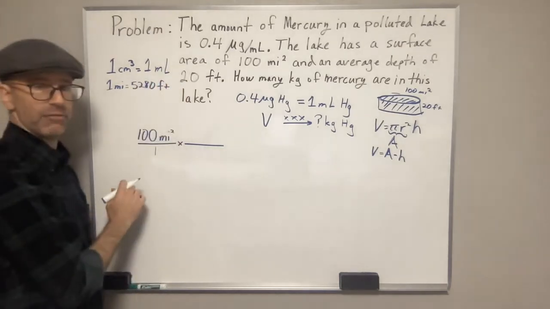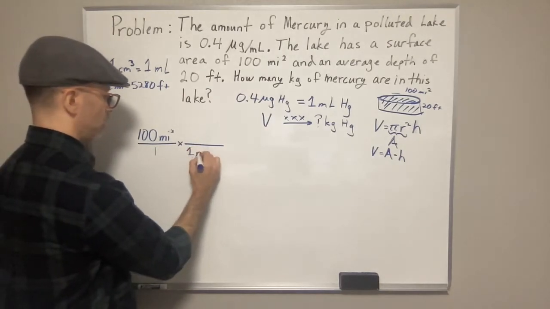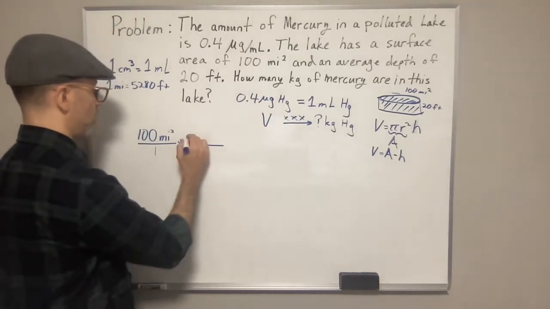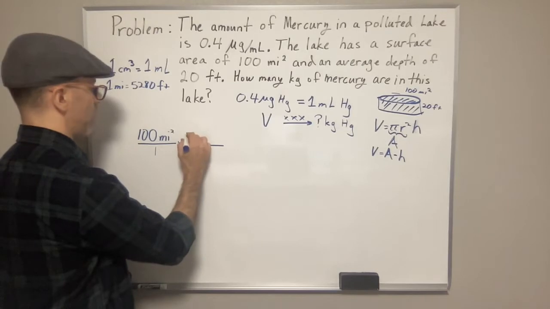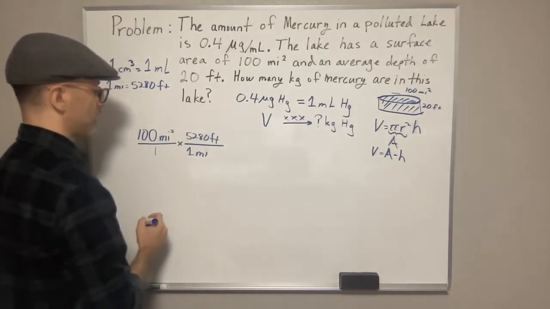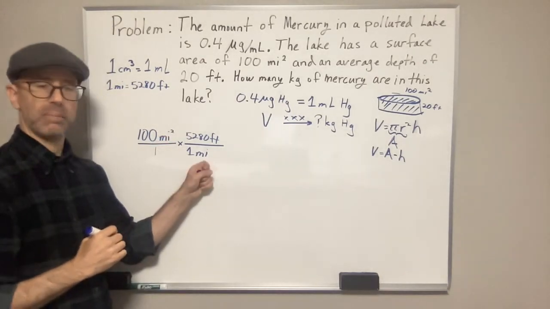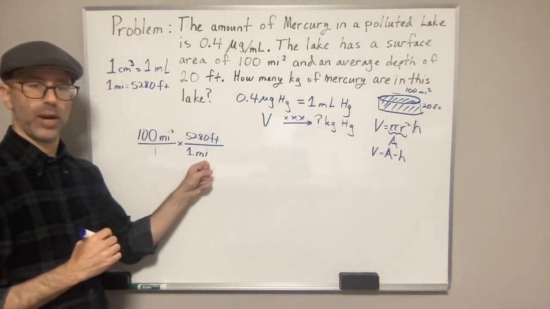That's true by definition. So we could put 1 mile on the bottom and 5,280 feet on top. Now, notice we have miles squared here and only miles on the bottom. So we need miles squared.